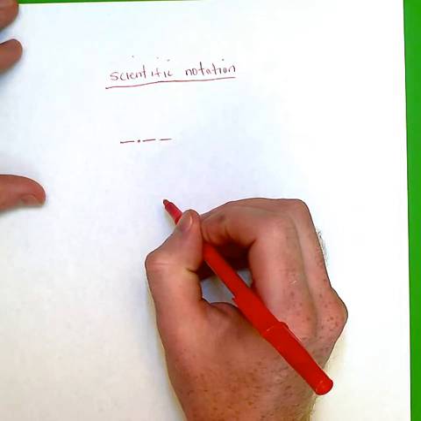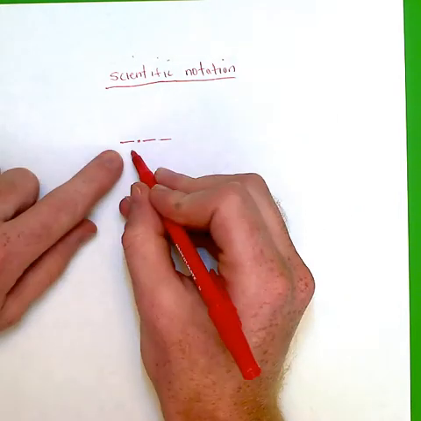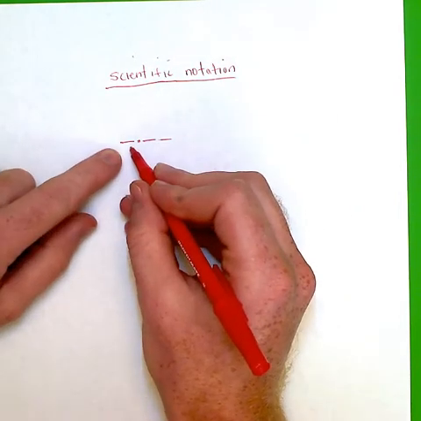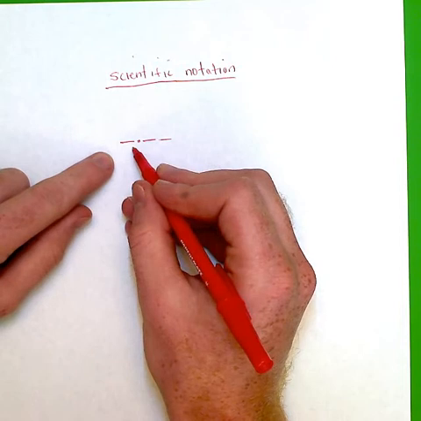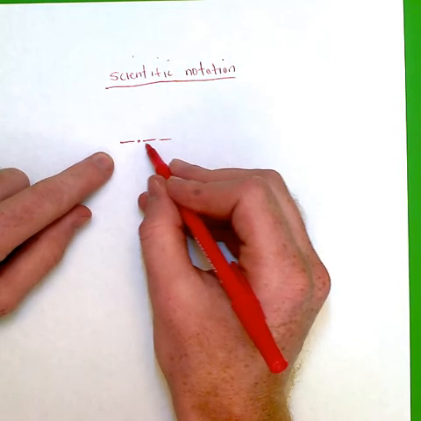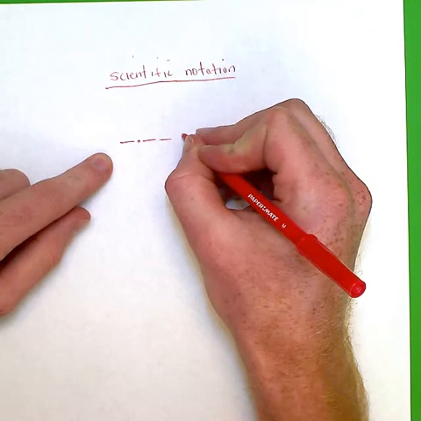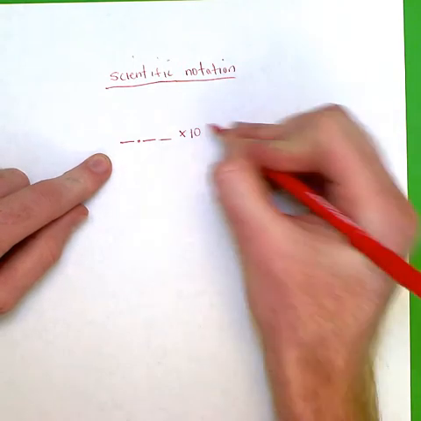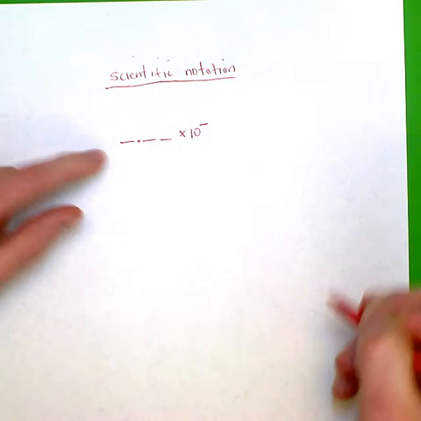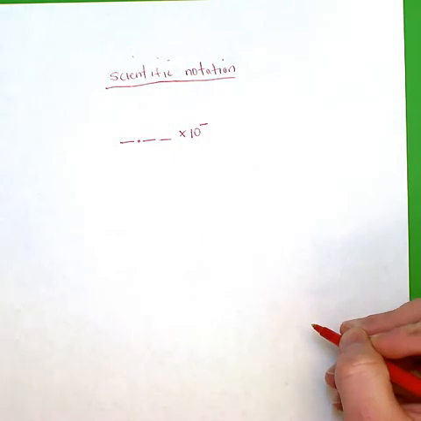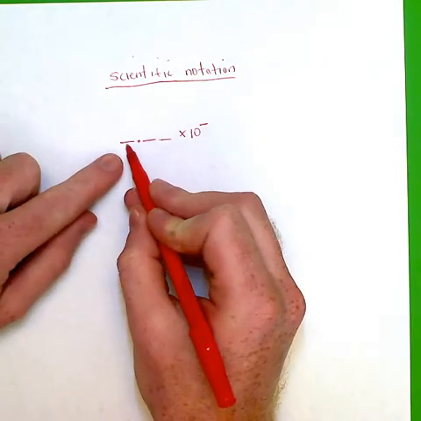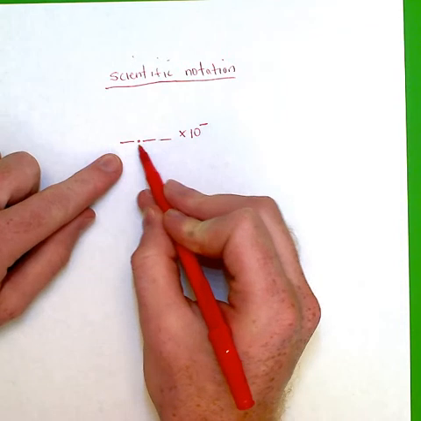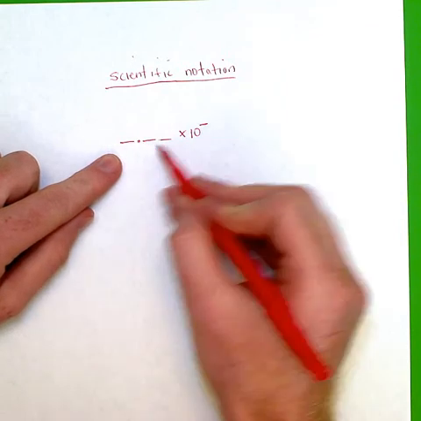So you have one number to the left of the decimal point that is not a 0, and the numbers to the right can be any numbers. You're going to have a times sign, 10 to the power of something. So blank decimal whatever times 10 to the whatever.